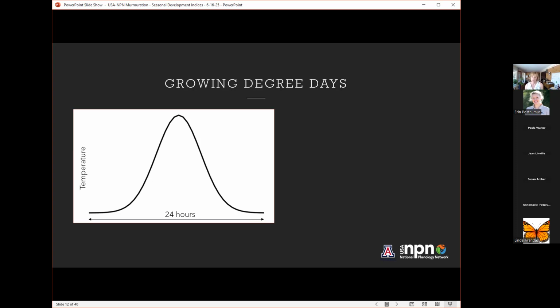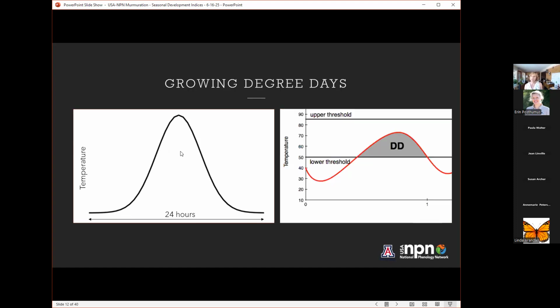Okay, that's cool. If you were to just take the temperature for the day, a lot of times one measure that people will use is just average daily temperature, and that is going to be smack there in the middle, between the daily low temperature and the daily high temperature. But again, we can get a little savvier because organisms pay attention to things in a little bit different of a way.